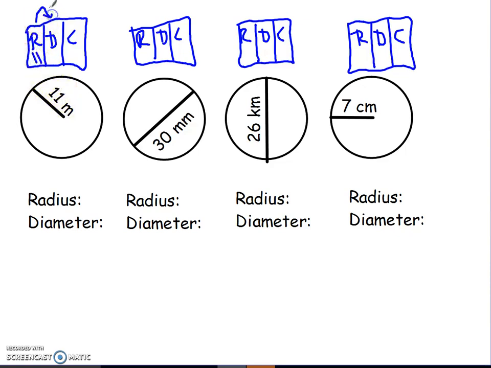To go from radius to diameter, you multiply by 2. 11 times 2 is 22. So we have 11 and 22. This is a diameter. It goes all the way across. To go from diameter to radius, you have to divide by 2. 30 divided by 2 is 15. So we have 15 and 30. You're going to do these two by yourself.